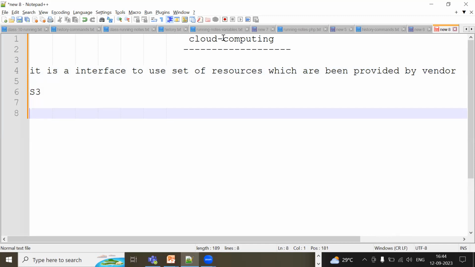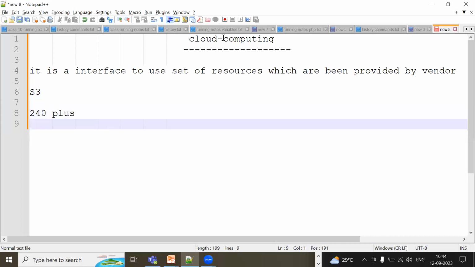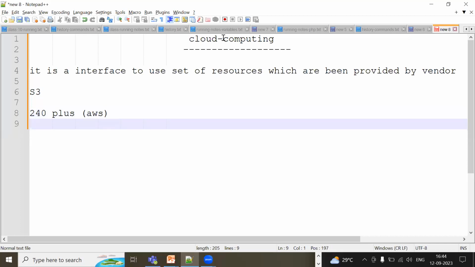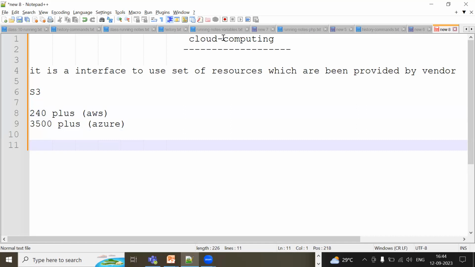As of now AWS has around 240 plus services, and Azure has around 3,500 plus services. We pay and use them directly. We need not buy or maintain any of the things; instead, we give that responsibility to them. That is cloud.